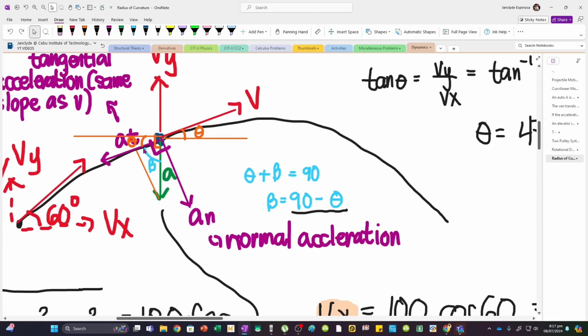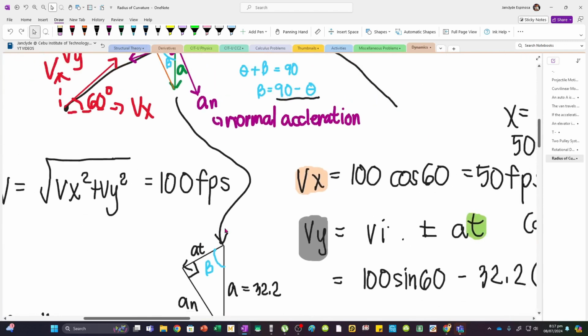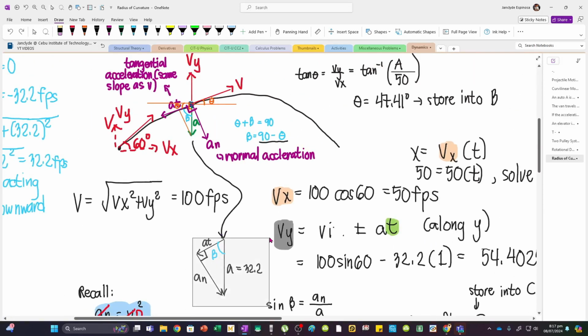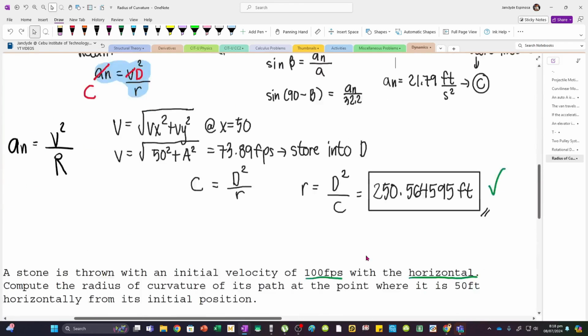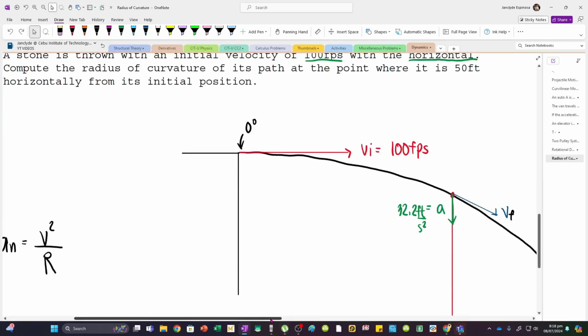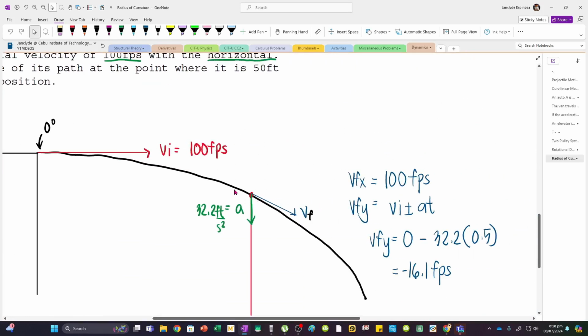And so we want to solve angle beta. Essentially we are considering this triangle. Now, if this is the component of velocity, then this is now my component of acceleration.